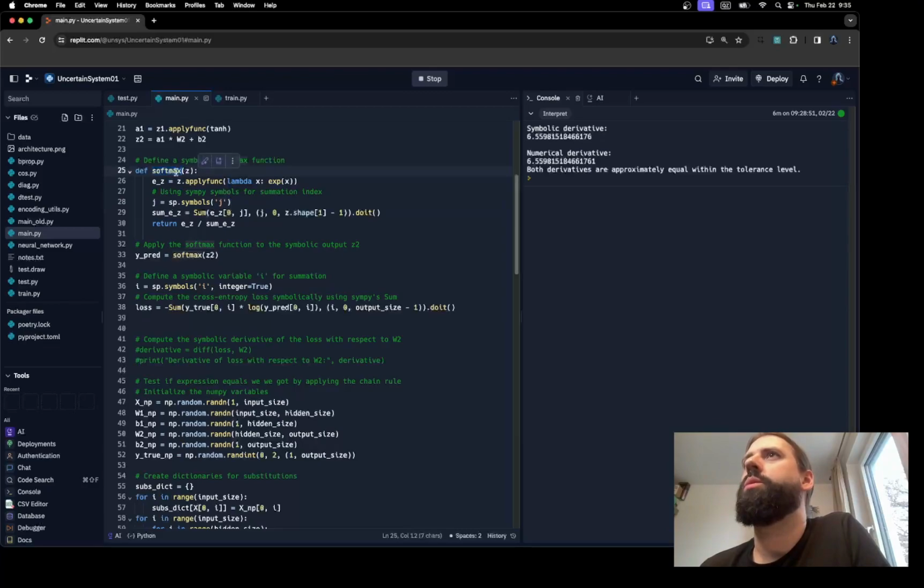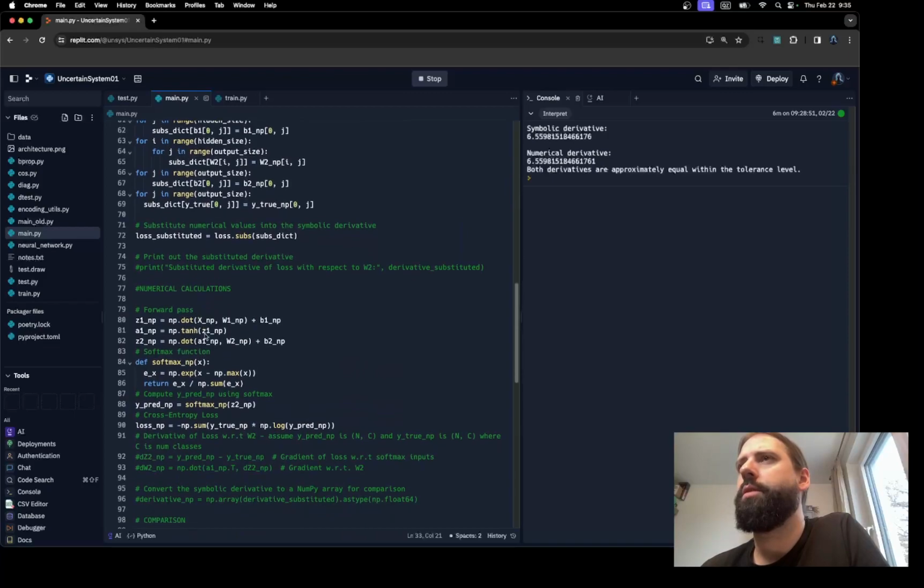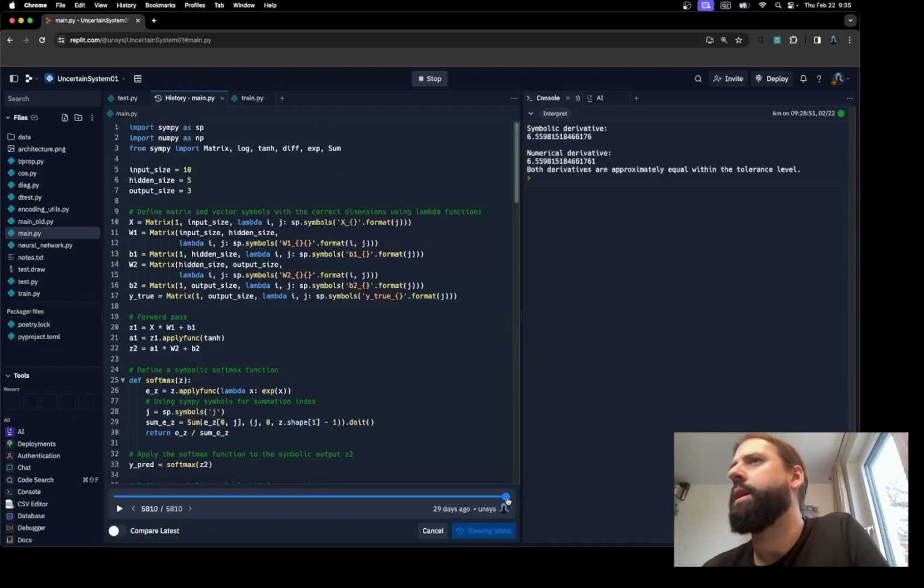What do we do with softmax? We also need to do the derivative of these, right? Softmax NP is here. I don't know, did I test that? What did I test last time?